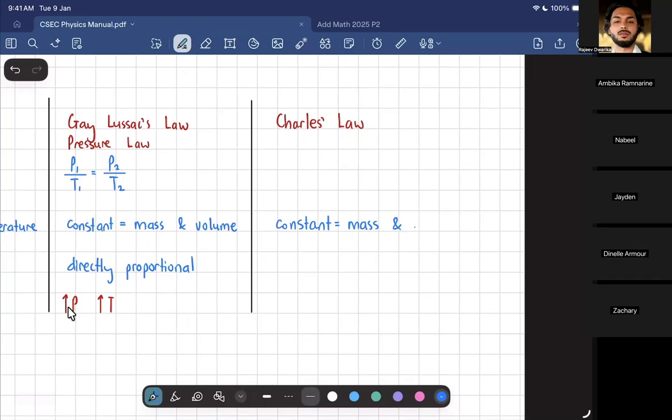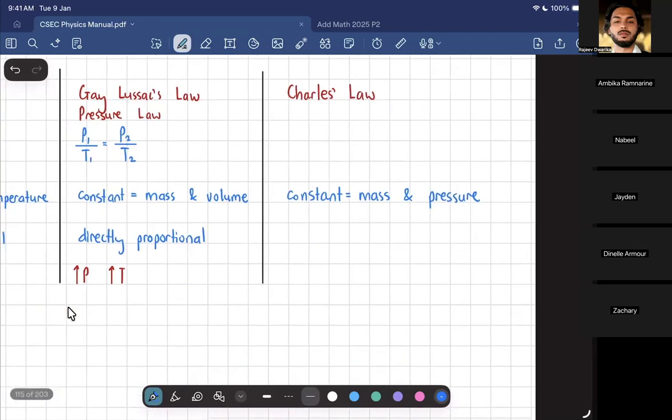So mass and you said pressure? Yeah, pressure. And this relationship, would it be directly proportional or inversely proportional? Directly.